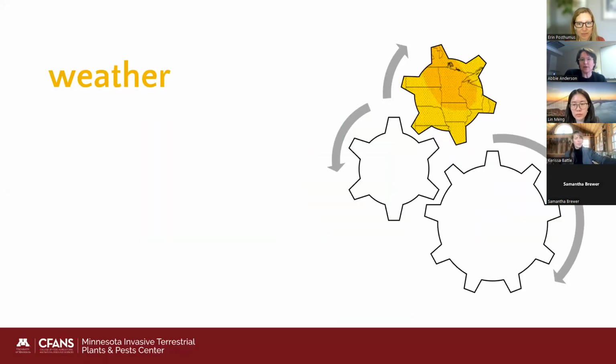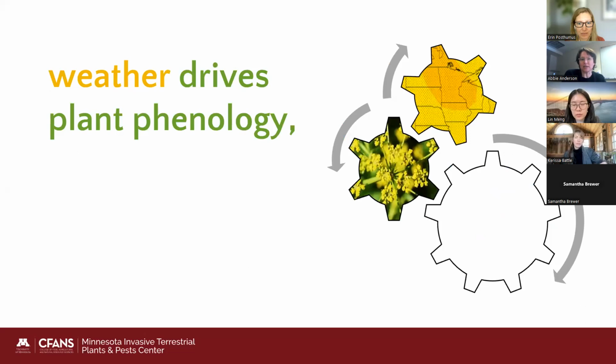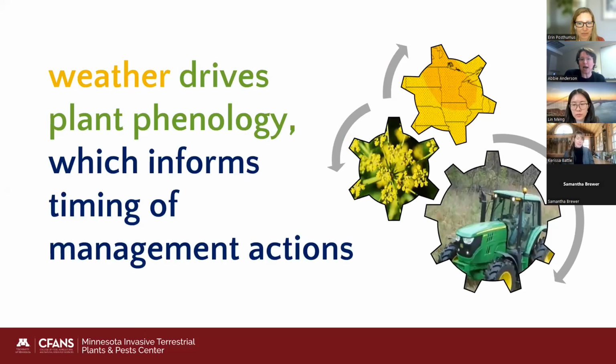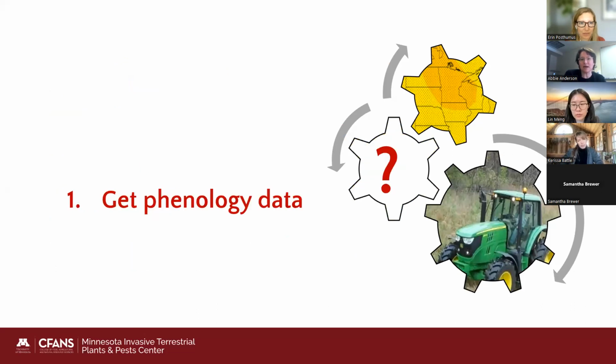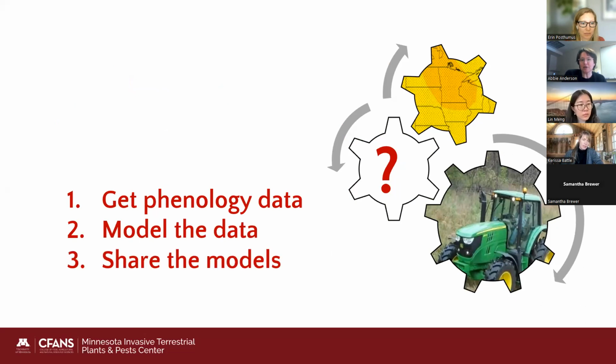Because we knew that weather drives plant phenology, which then informs the timing of management actions. But if you look at this framework, the piece that's missing in terms of data is the phenology data. So our goal was to get those phenology data, then model the data and share those models with land managers to improve the timing and effectiveness of invasive plant control.